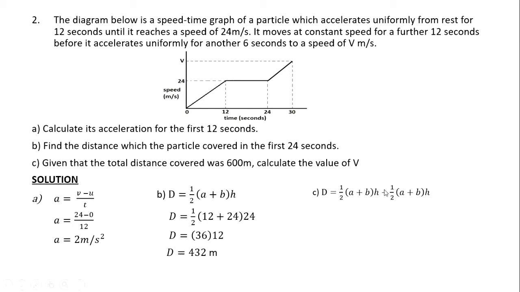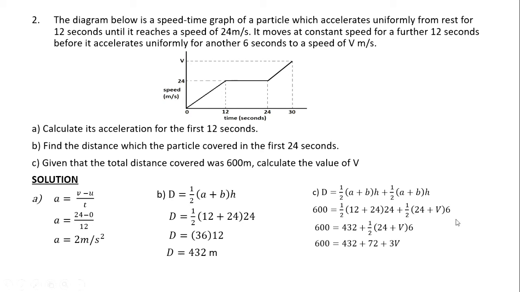And for the next trapezium, our a is 24, our b is v, and our h is 30 minus 24, which is 6. So we'll solve it like that. 2 into 2, 1. 2 into 6 is 3. 3 times 24 will give us 72. 3 times v will give us 3v.